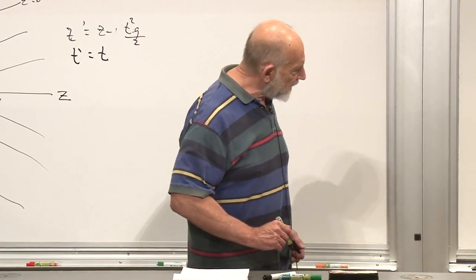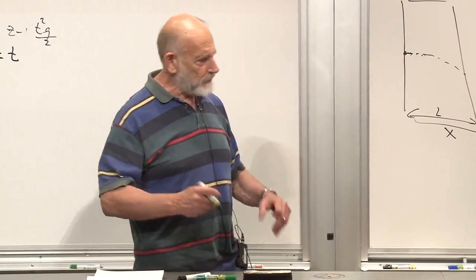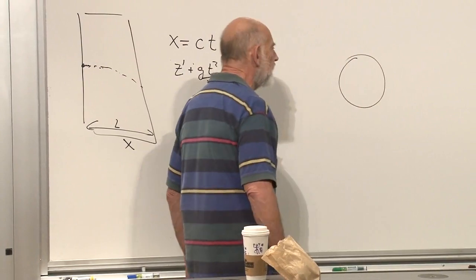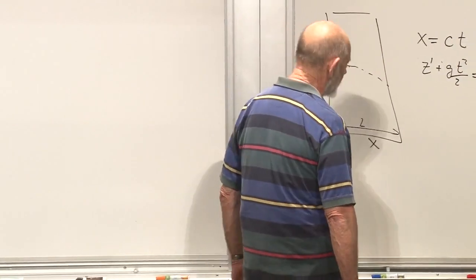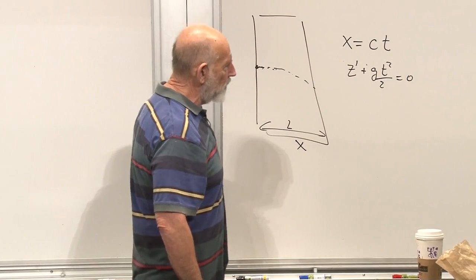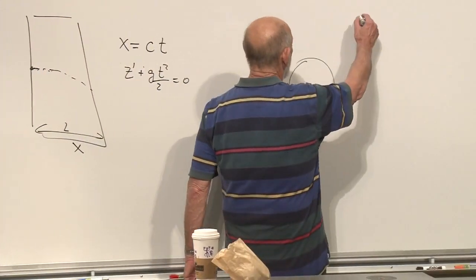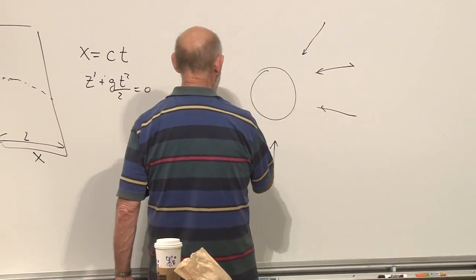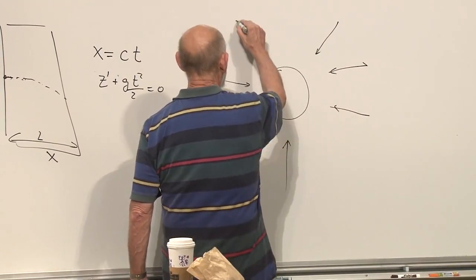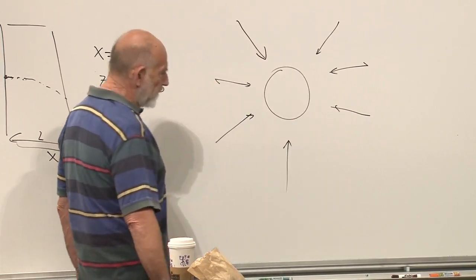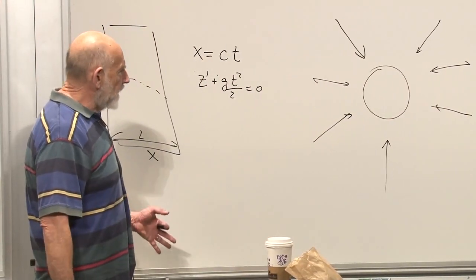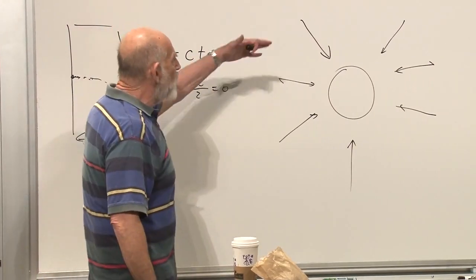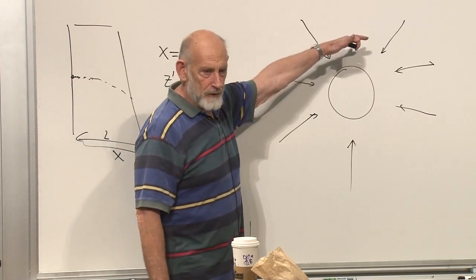Let's talk about real gravitational fields, namely gravitational fields of gravitating objects like the sun or the earth. Here's the sun or the earth, and the gravitational acceleration doesn't point vertically on this blackboard, it points toward the center. So there are gravitational fields pointing radially inward. It's pretty obvious that there's no way that you can do a coordinate transformation like this which will remove the effect of the gravitational field.